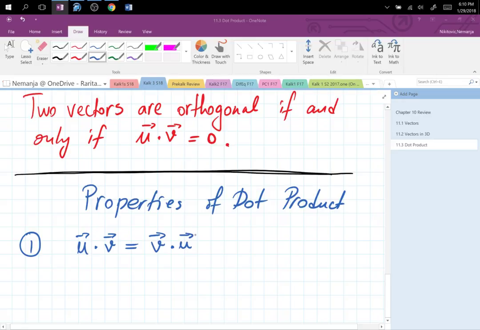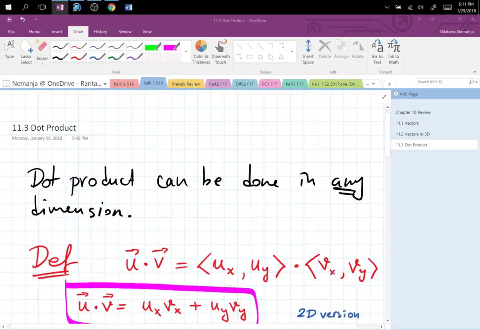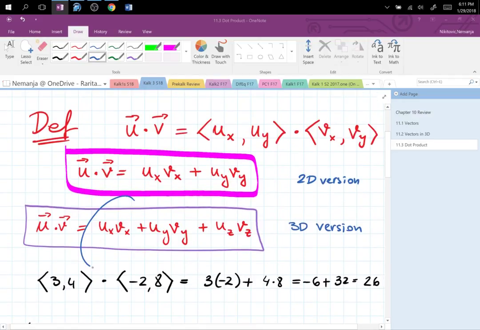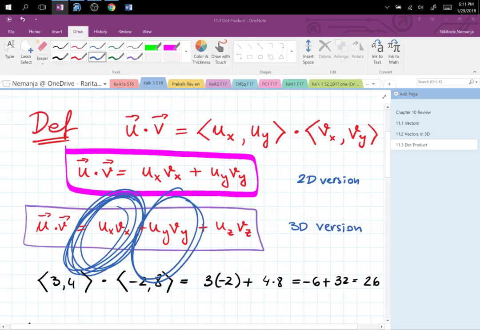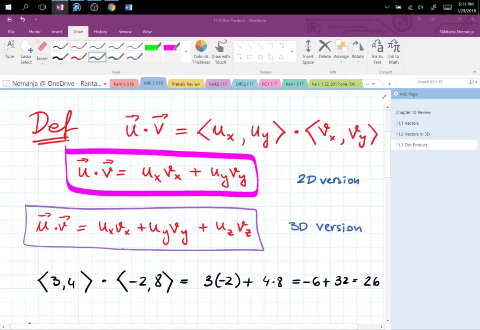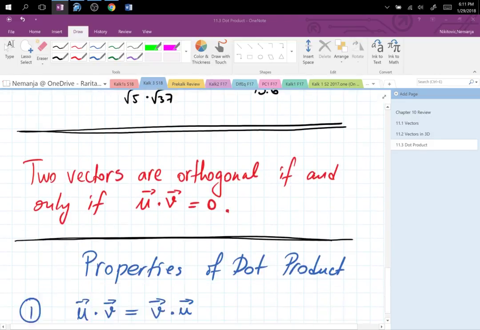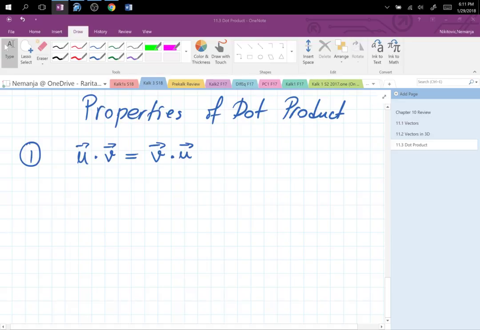Those of you signing up for honors, this would be one of the proofs that you will do. You can assume the commutative property in 1D, and clearly that will help as you write the proof, because the definition has 1D multiplications where you can swap things around. So the first property is the commutative property.